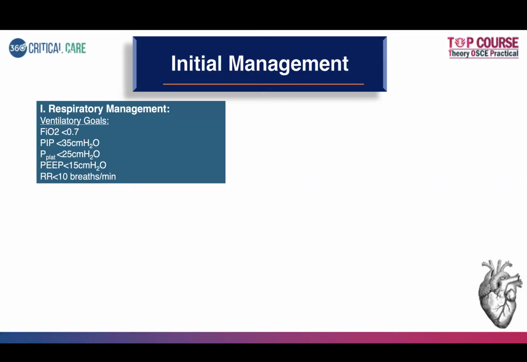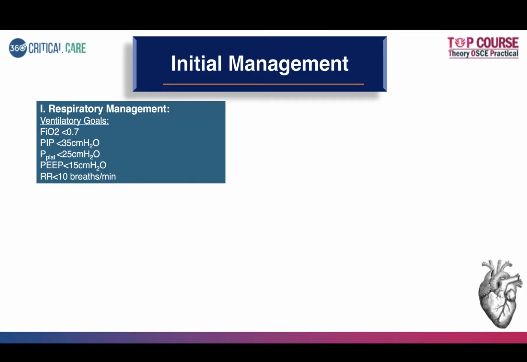So first, coming to the respiratory management, once you start the patient on ECMO, you can come down on the ventilatory support. They say the ventilator goals are to get the FiO2 down to 0.7, peak inspiratory pressure less than 35, plateau less than 25, PEEP less than 15, and respiratory rate less than 10.